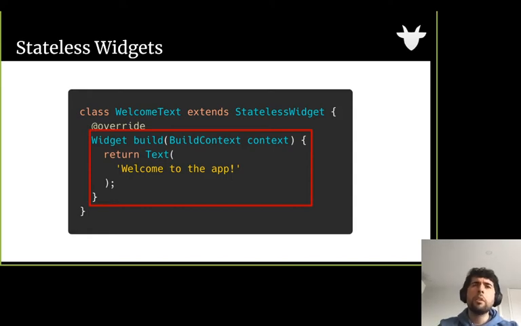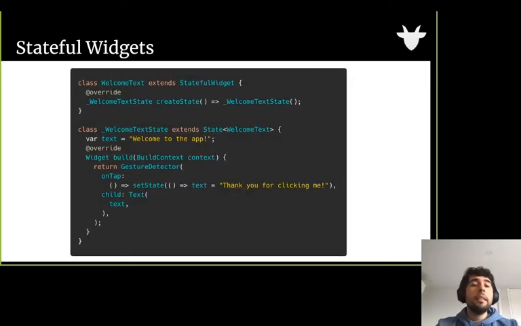So what's the difference for stateful widgets? They seem at first a little more complicated, but if we break it down, they're mostly the same. We will have a class that extends the StatefulWidget, but it's not inside here that we're going to build our widgets. We are going to say, okay, this stateful widget class is going to create a state, which is another class.